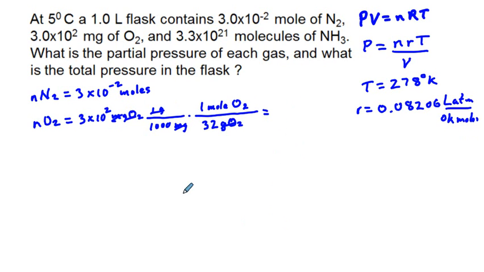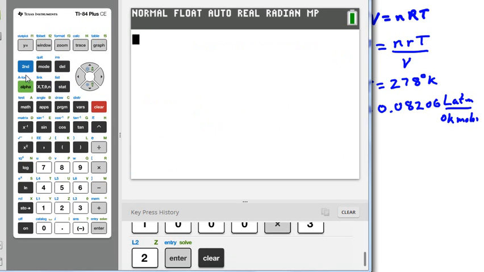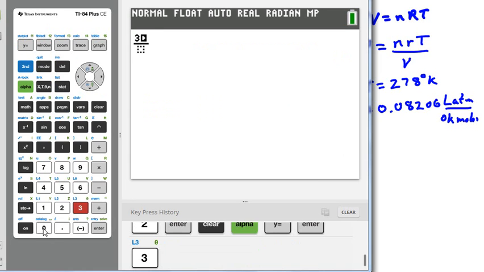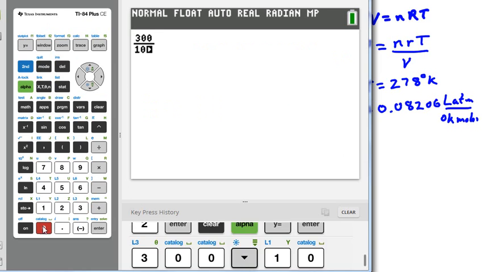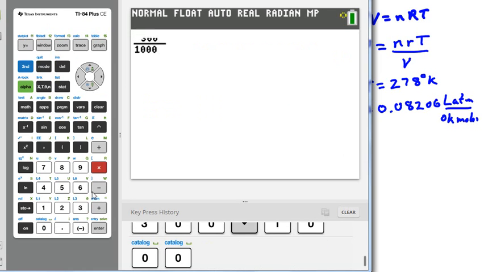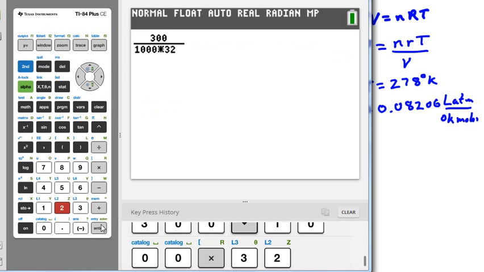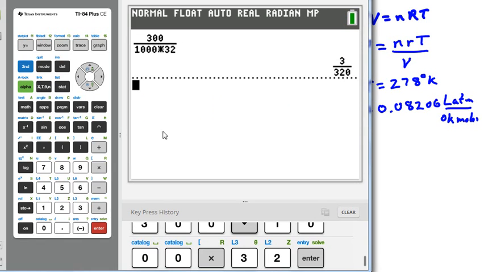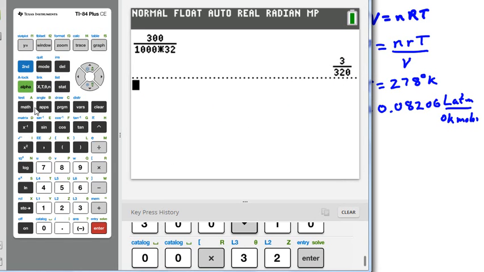And let's go to the calculator. In our calculator, we're going to have 300, which is our 3 times 10 to the 2 power, over 1,000 times our molecular weight, which is 32, and for that we get 3 over 320. I'm going to try to put this in decimal form.